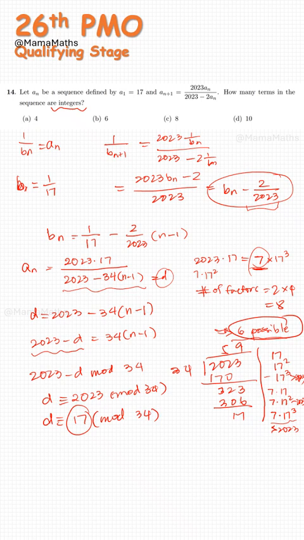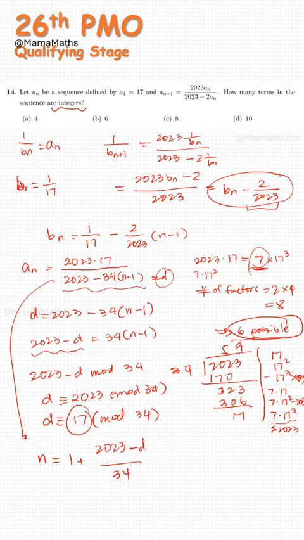Now, since n here should be positive, again, let's rearrange this one. If you want to write it as n, it will become n equal to 1 plus 2023 minus D over 34.